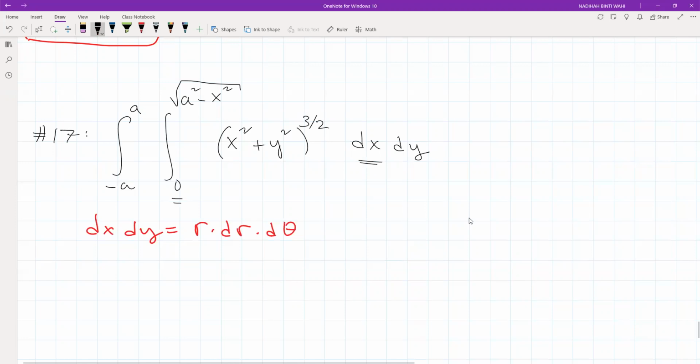Okay, so x goes from 0 to... I think there is a typo here actually. Okay, I think there is a typo here, number 17. Because if you look here it is dx, it cannot be here. So I think the typo should be right here. It should be y squared.